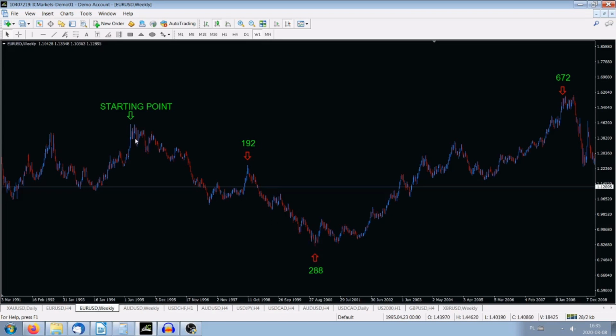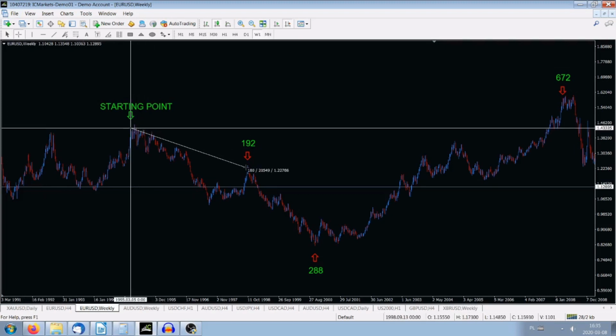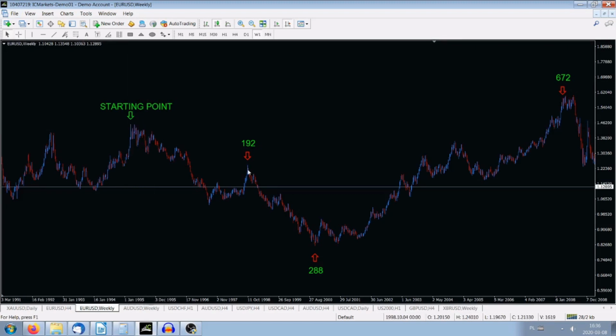What is even more interesting, you might see this point is where time and price are squared, as W.D. Gann did, because the price from here to here fell roughly 1,900 and something points, which is 10 times the number of weeks which passed. That's how Gann used to find those places.